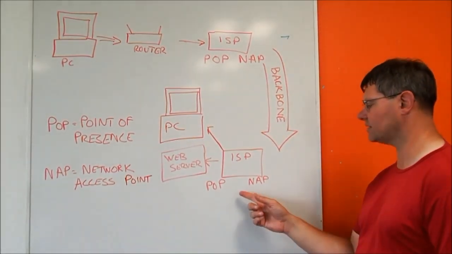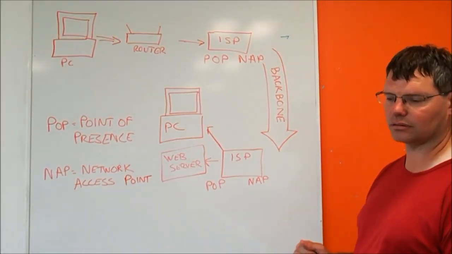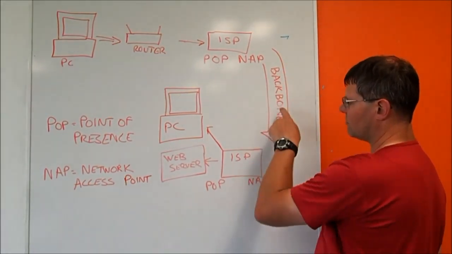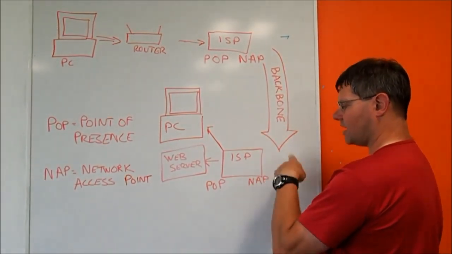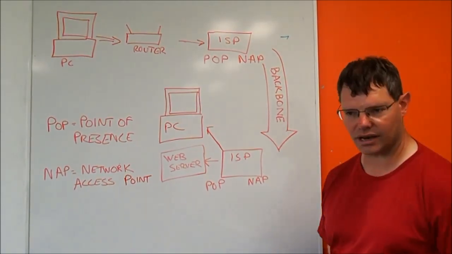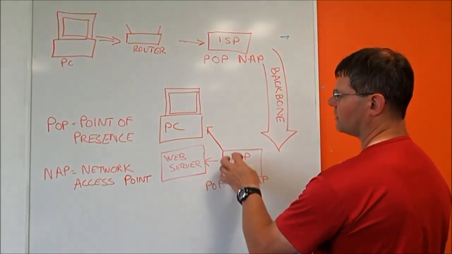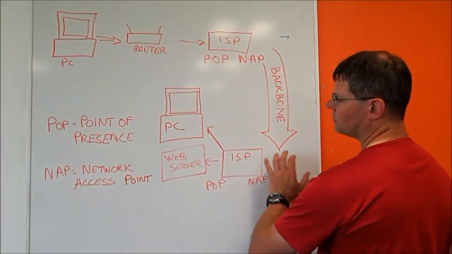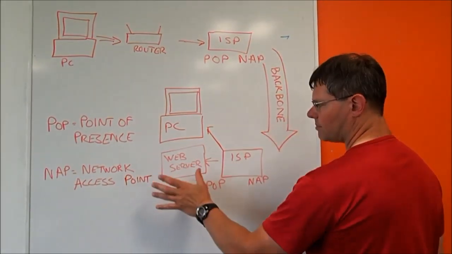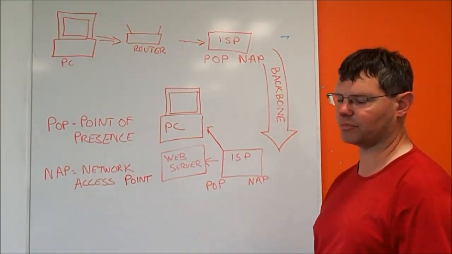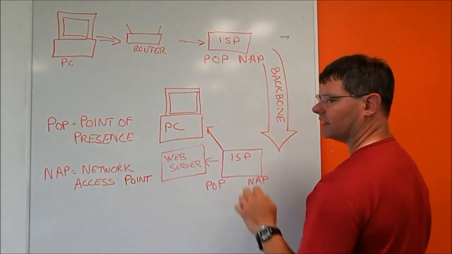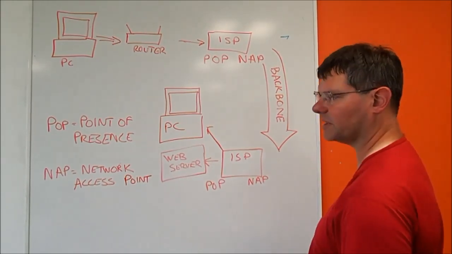So that ISP has another NAP, another Network Access Point, where it connects to the backbone. So the information comes from the backbone into the ISP's area with the NAP, then goes to their point of presence on the internet that they have, and then goes to either a web server, which will have your information on, or it goes to a router, which is attached to a PC, where your information might be on.